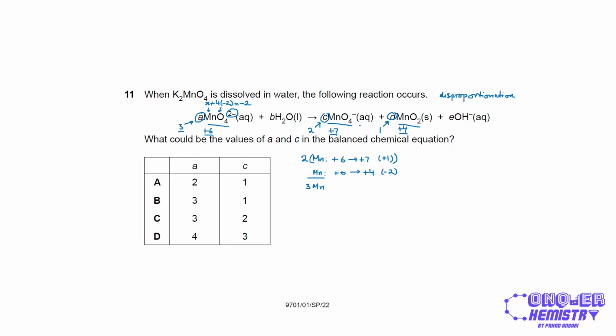Still, we only need the values of A and C, so the answer is option C, 3 and 2. That's what balances the changes in oxidation number in terms of oxidation and reduction of manganese atoms at the same time.